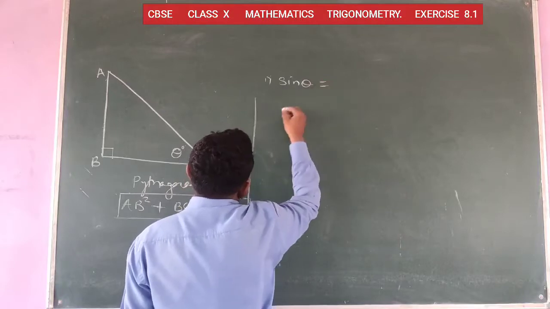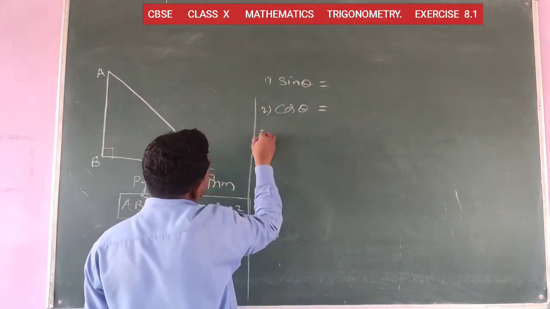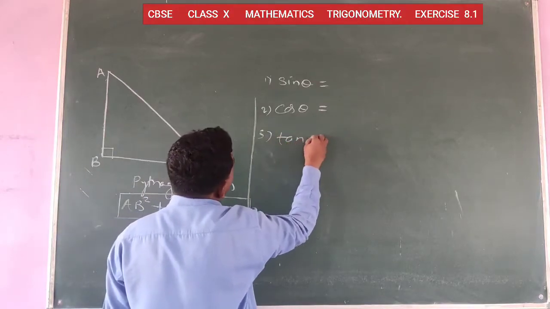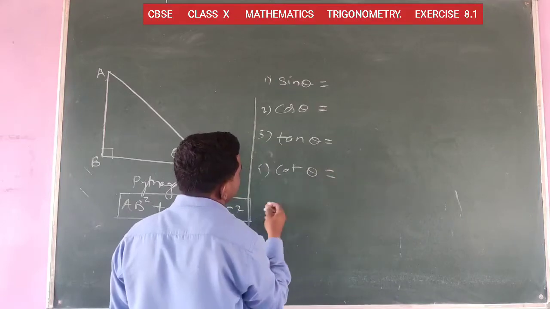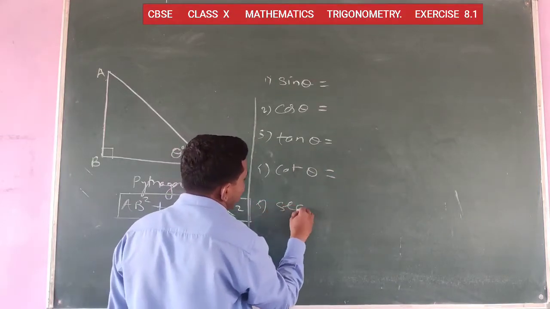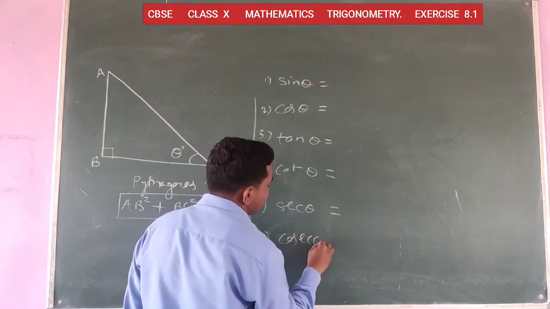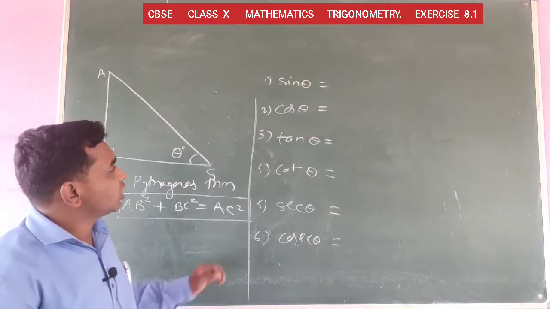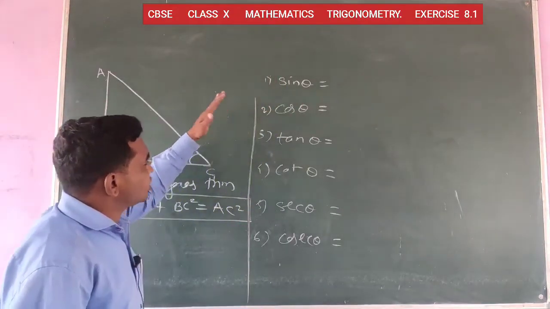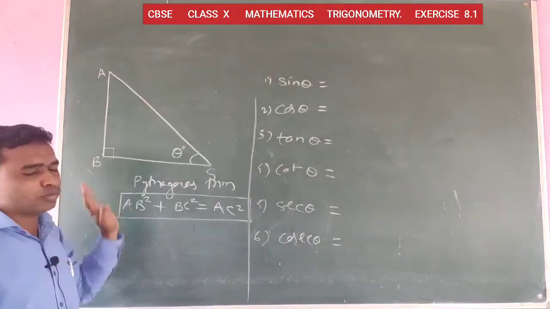The functions are sine theta, cos theta, tan theta, cot theta, sec theta, and the last one is cosec theta. These are the trigonometric functions. And what is the formulation for sine theta, cos theta, tan theta, cot theta, sec theta and cosec theta in terms of the sides of the triangle?